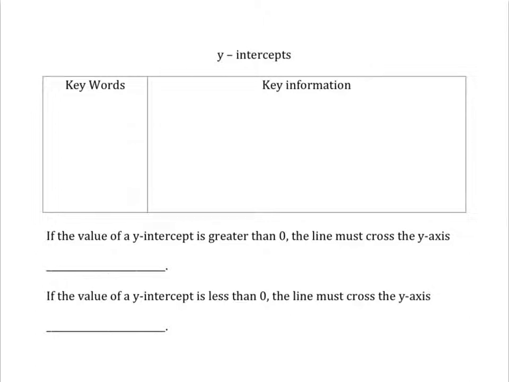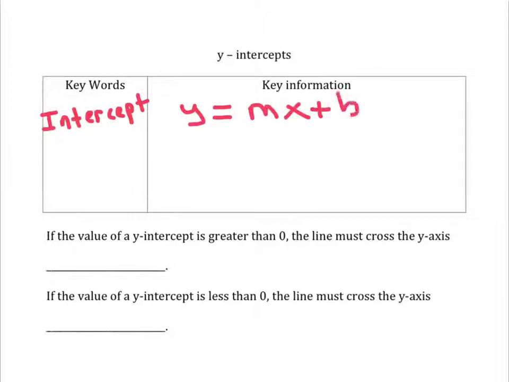With intercepts, we have some keywords. Keywords would be, well, intercept. And we know that an intercept is where the line crosses the x or y axis. So some key information, if we draw out our equation again, y equals mx plus b, we know that b is our y-intercept.